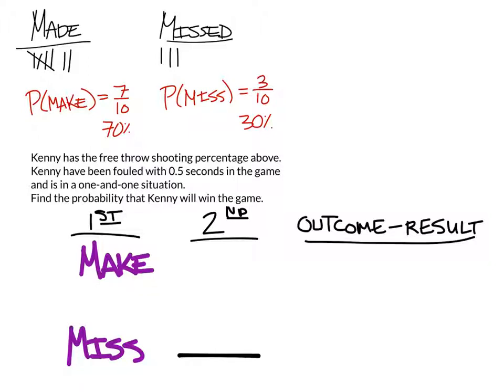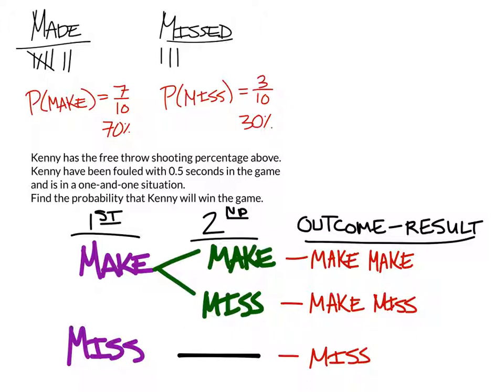But if Kenny makes that first one, then Kenny could either make or miss the second one. So looking at the outcomes, Kenny can make the first one and make the second one, make the first one and miss the second one, or if Kenny misses, probably game over right here.